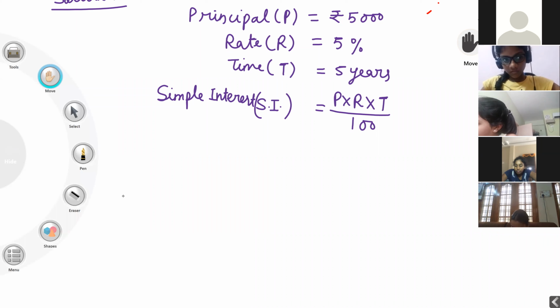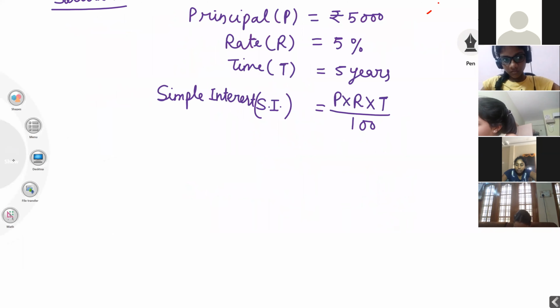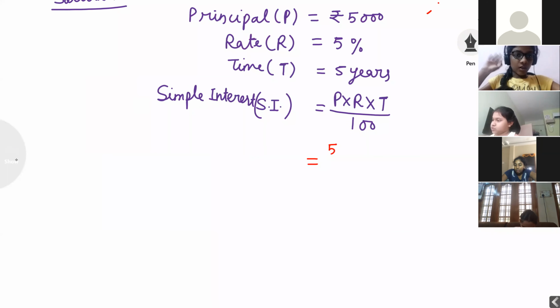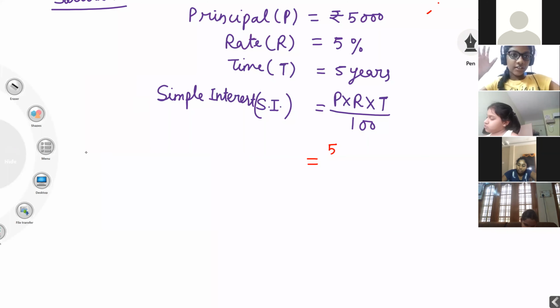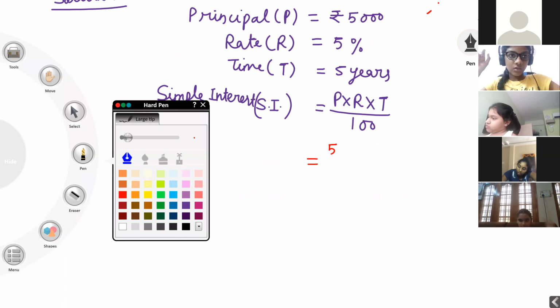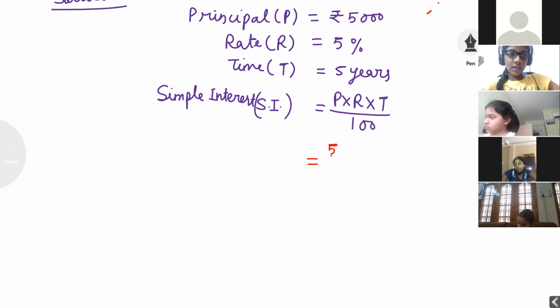Principal is 5,000 into rate is 5%. Time is 5 years, divided by 100.